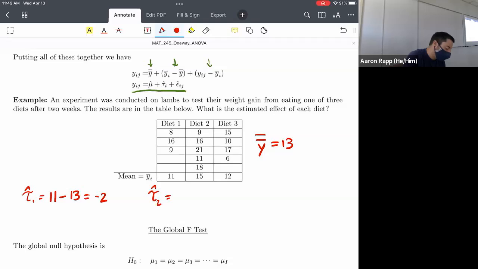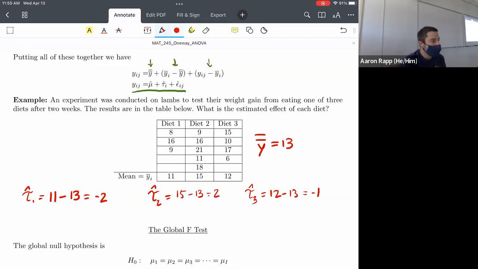Well, what was the observed sample mean for that second diet? 15. And I subtract my grand mean, which is 13, giving me what? 2. And then diet 3, well, that's going to be a 12 minus a 13, which gives me a -1.